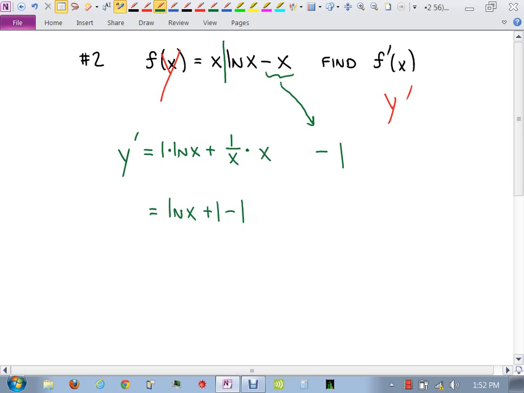Because 1 over x times x is 1. So this just turns out to be ln x, natural log of x. So the derivative of x natural log x minus x is ln x.